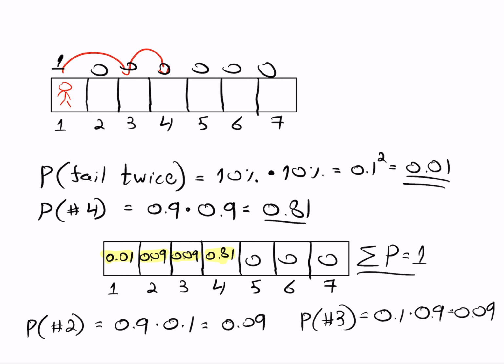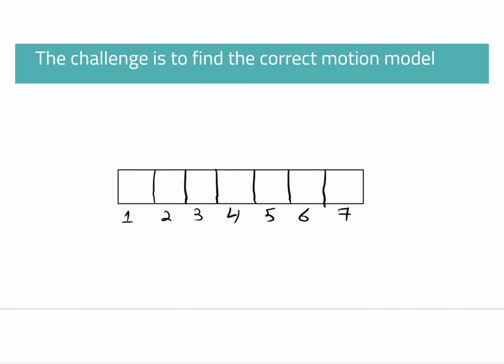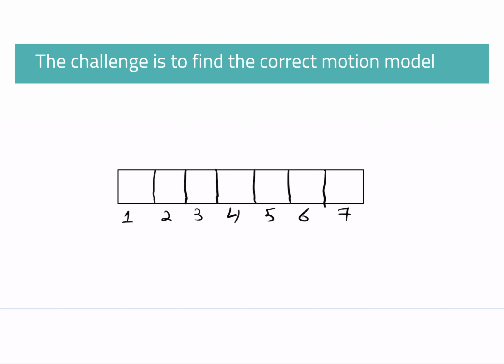The most important thing in the context of stochastic motion is not to come up with the math. The math is relatively simple. The main challenge is to figure out what the right motion model is. Sometimes we will have motion models that have overshoot and undershoot. For example, if I command my robot to move 10 bins to the right, it might move 11 bins, and I might move 8 bins or 9 bins.